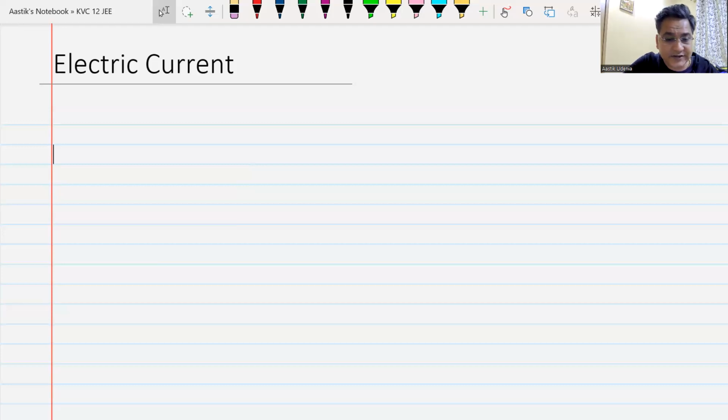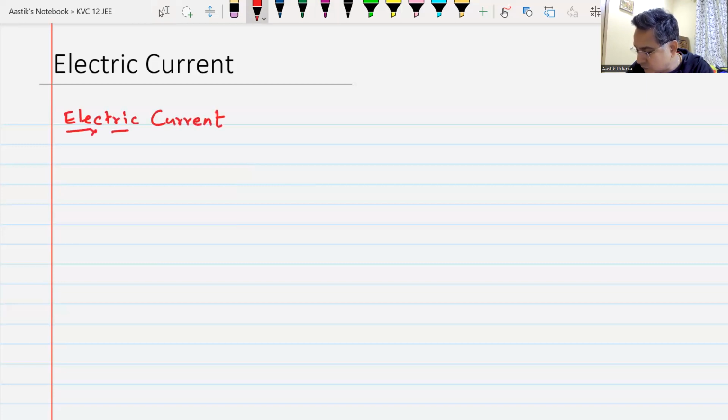What do you mean by electric current? Electric current is the flow of electrons from the negative terminal to the positive terminal.